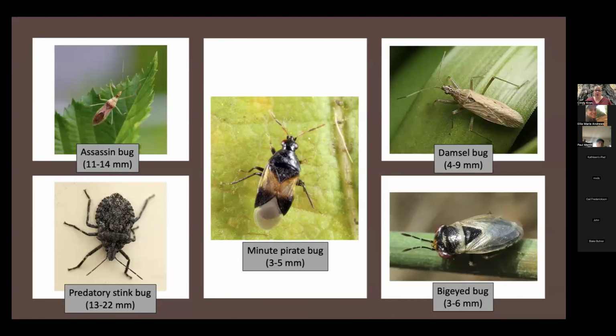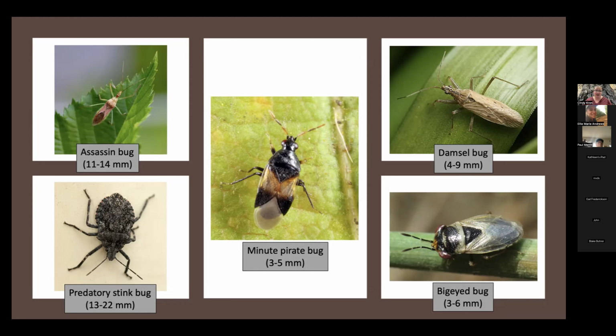So now we're going to walk through some predators. I really want you to take a moment though, if you have a ruler nearby that has millimeters, this will really help because I will forewarn you that these photos are under magnification.